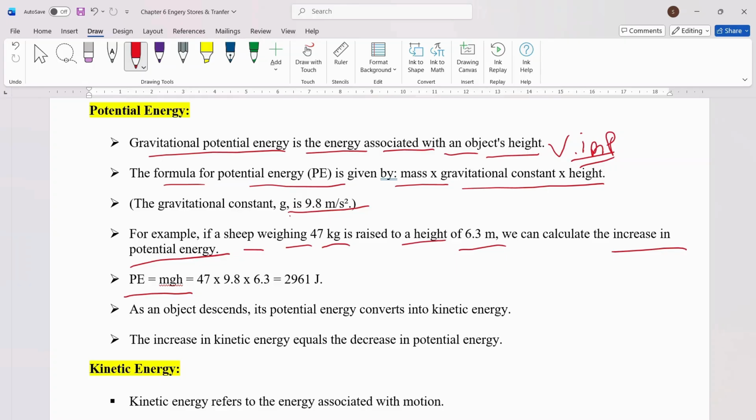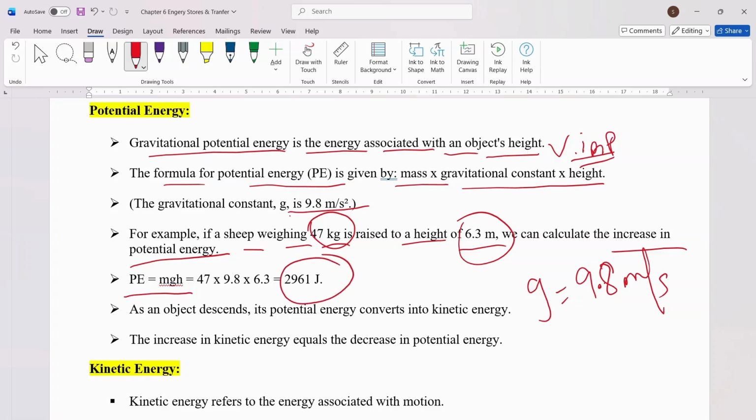Here the mass is 47 kg, height is 6.3 meters, and g is a constant value which is 9.8 meter per second square. So the object's total potential energy, which is measured in joules, joules is the unit, will be 2961 joules.